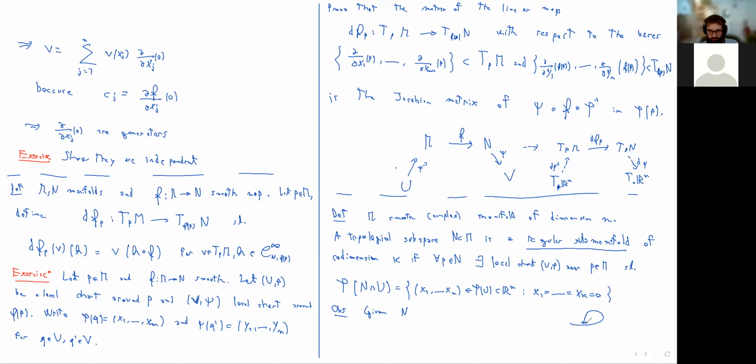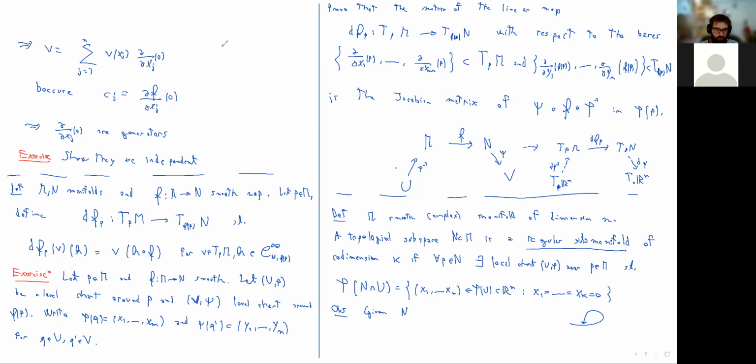If we only require the existence of a local chart, it does not have to be. But for example, the interval from -1 to 1 in R squared, just the one-dimensional interval in R squared, should be a regular submanifold if we require it like this. Yes, you're correct. Let me check with my notes.